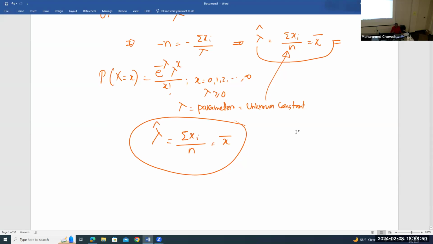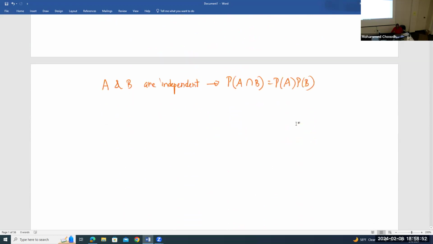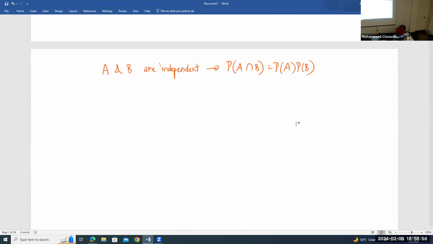Okay. Now I want to convince you of another thing. I also want to find the variance. In order to find the variance of variable x, you know this is the formula for the variance, right? Everyone knows this.